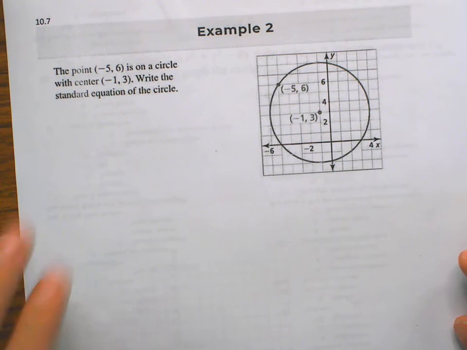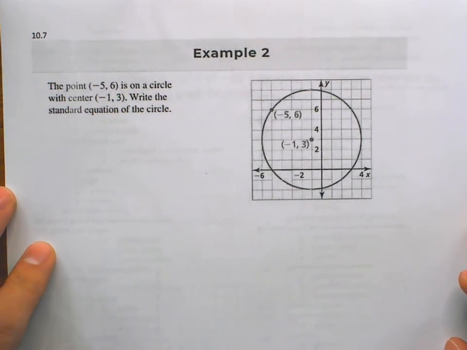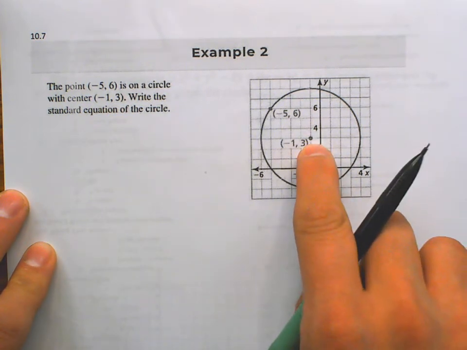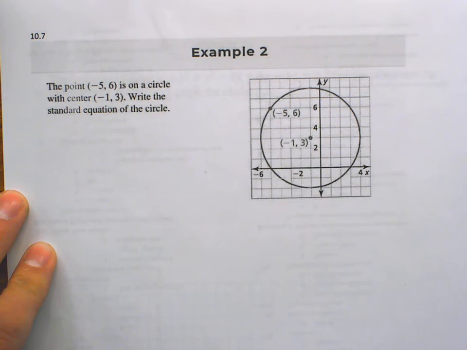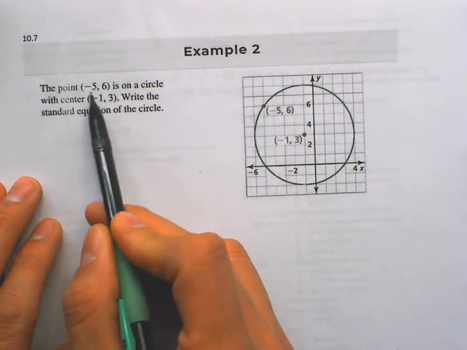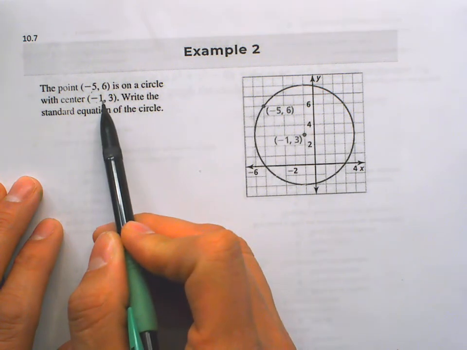In the next example, go ahead and pause the video and copy the graph. The center is at (negative 1, 3). The point (negative 5, 6) is on the circle with a center of (negative 1, 3).